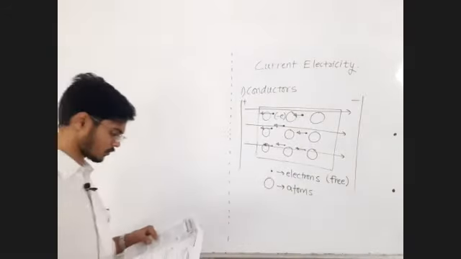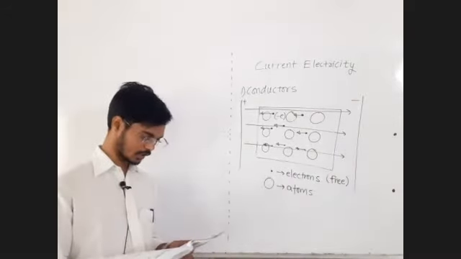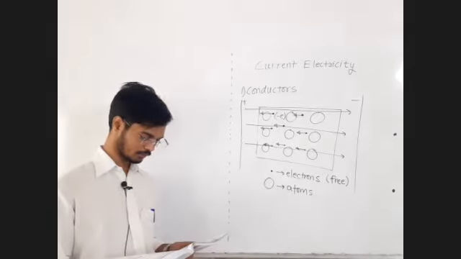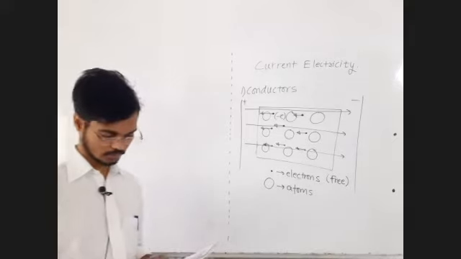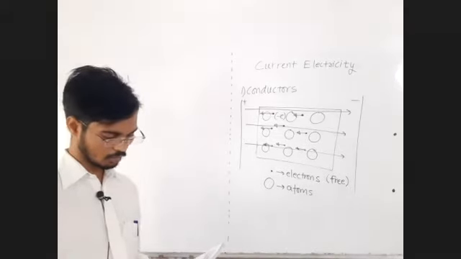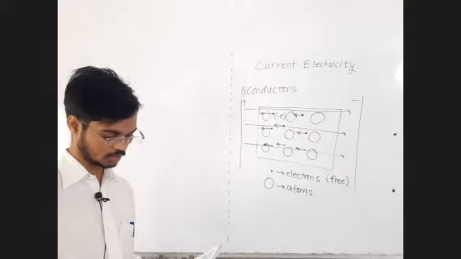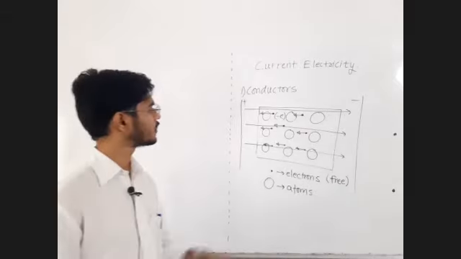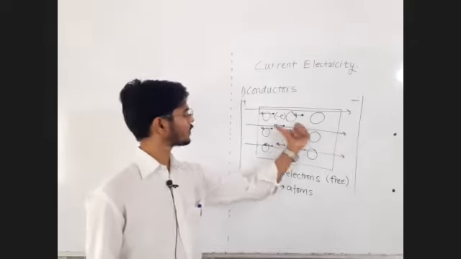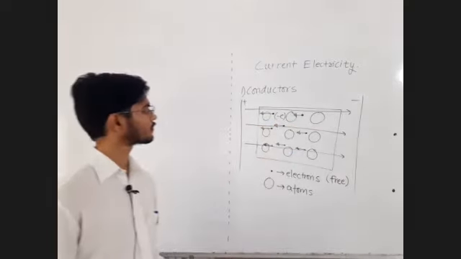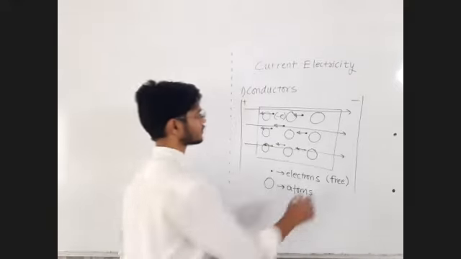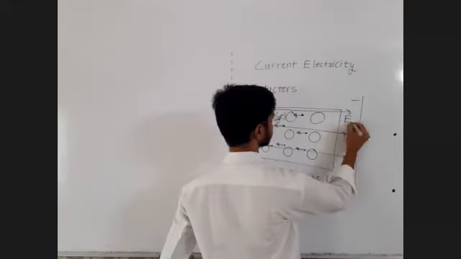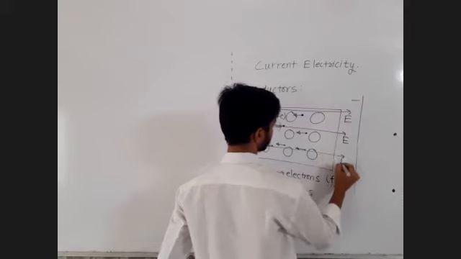So write down: when such a material is placed in an electric field, free electrons move in a direction opposite to the field. This is the external electric field.